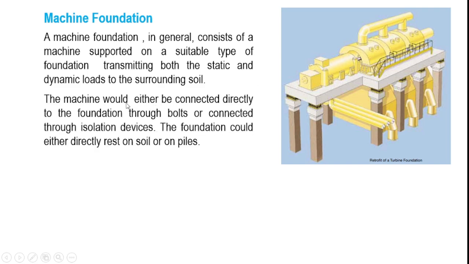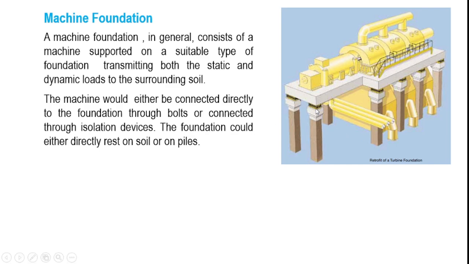And how is the machine supported on the foundation? The machine can be either directly connected to the foundation through a set of bolts, or it can be connected through isolation devices. Based on the foundation analysis requirements, the machine foundation can be supported either directly on soil or on piles.